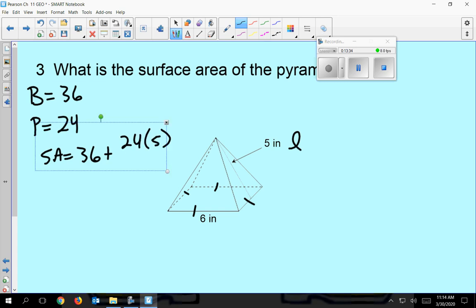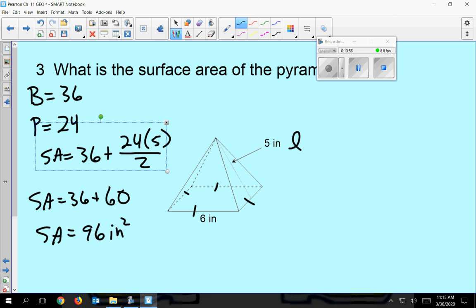In this case, it was 5, and I'll divide that by 2. Okay, so the surface area is going to be 36 plus, and 24 times 5 is 120, and divided by 2 is 60. And I'm going to get a surface area of 96 inches squared. Okay.